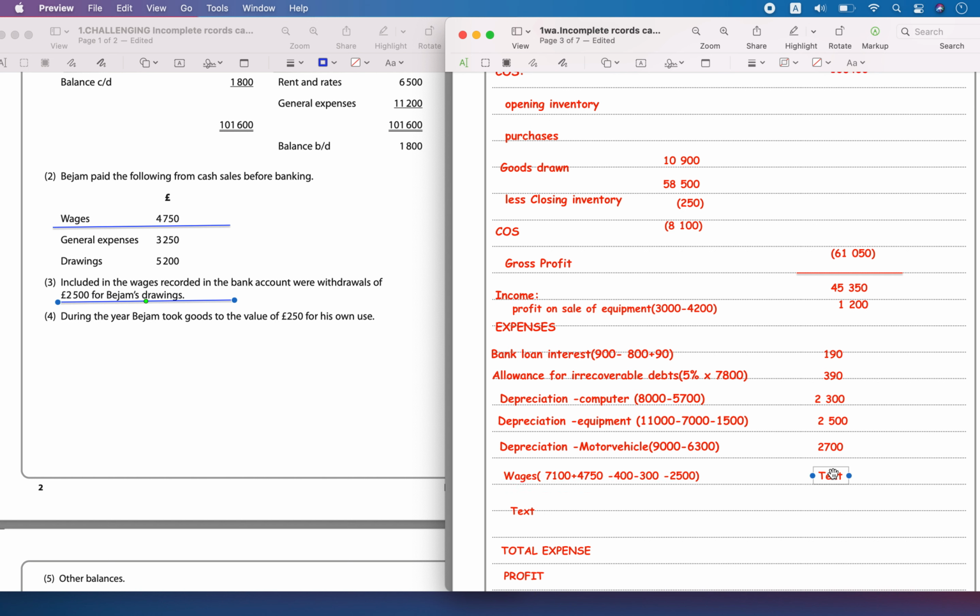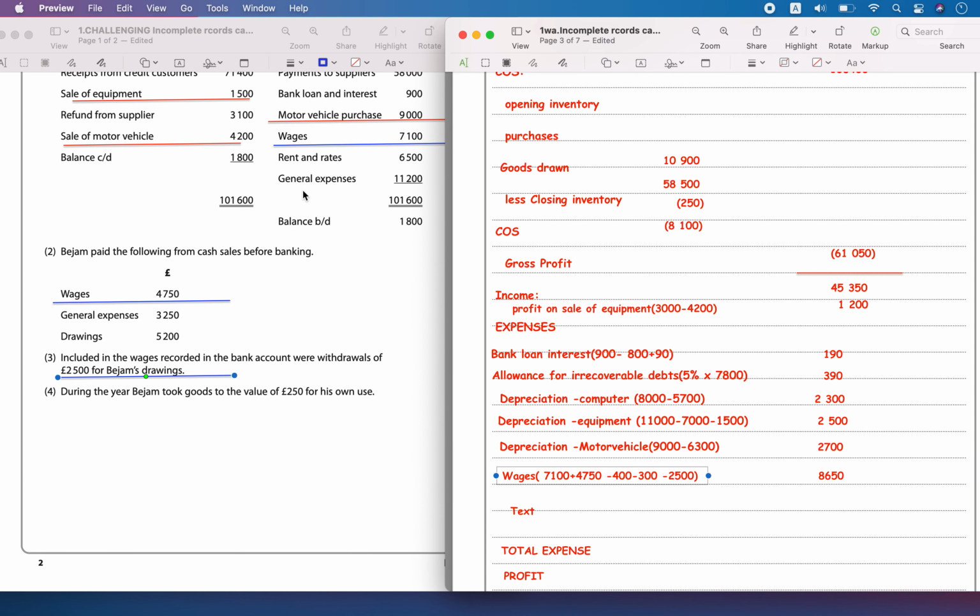So the value is going to be 7,100 plus 4,750 minus 400 minus 300 minus 2,500. So that value is 8,650.